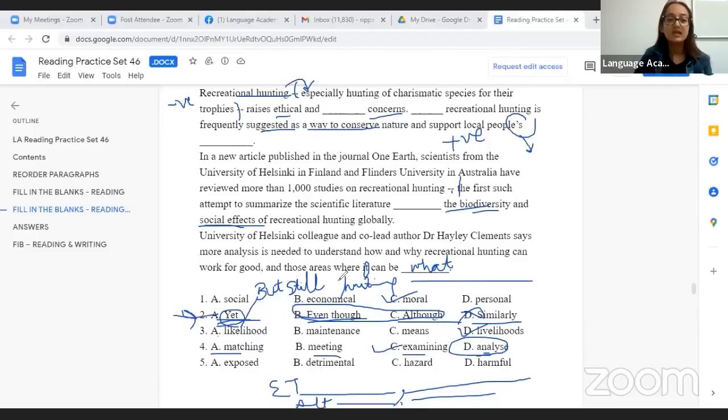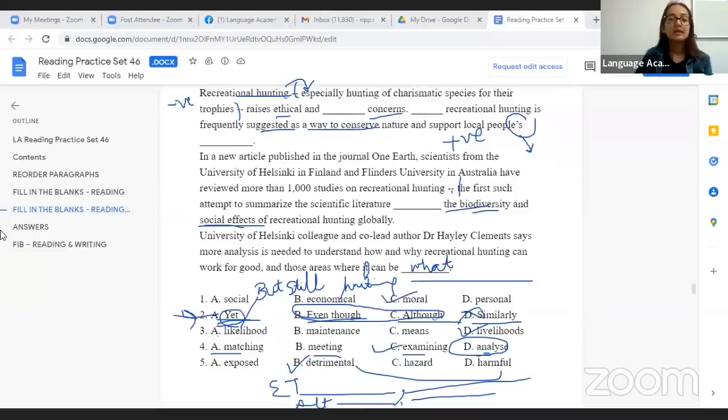Can we expose hunting to anything? Hunting can be harmful, hunting can be detrimental, and hunting can be a hazard. Hunting is not a hazard. Harmful and detrimental are synonyms, and detrimental is a better way of saying harmful. So that is why detrimental would be the answer. So always question yourself for pronouns: who is it, what is it, they, their. You question them, and you will become clearer about what kind of word you need.